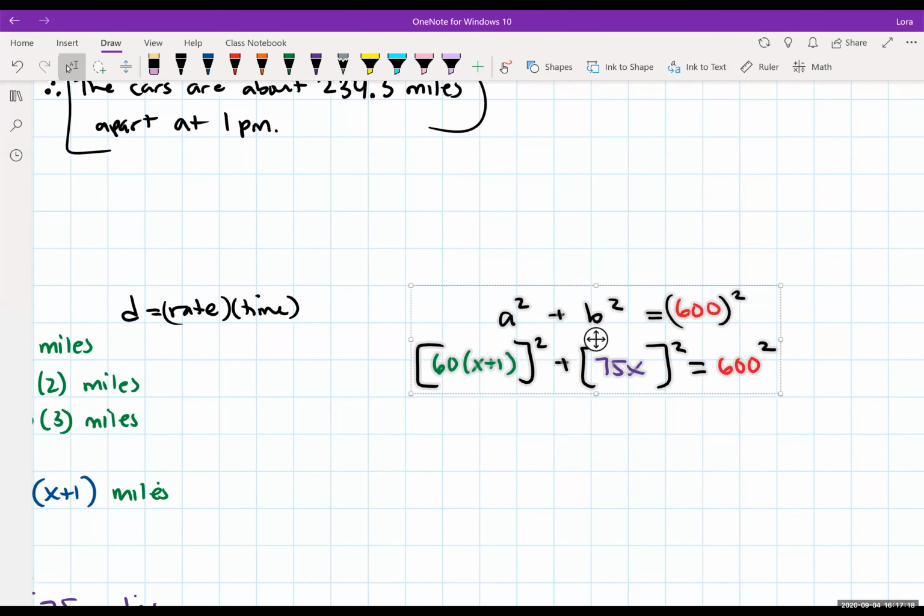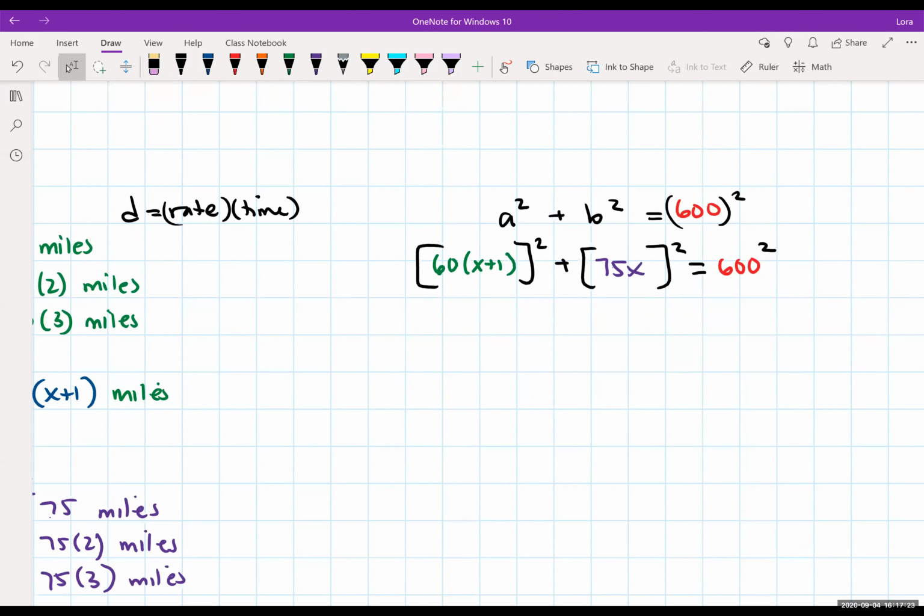Okay. So now we've got ourselves an equation which we can try to solve. Before I even work on my x's, I just want to figure out these extra squares going on. I do have a product being squared.